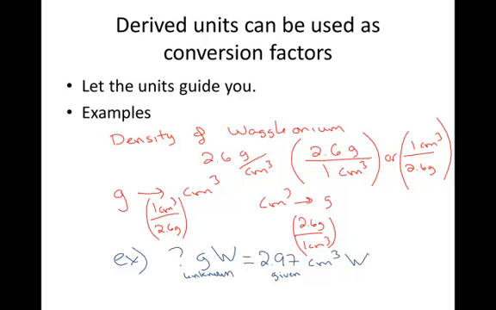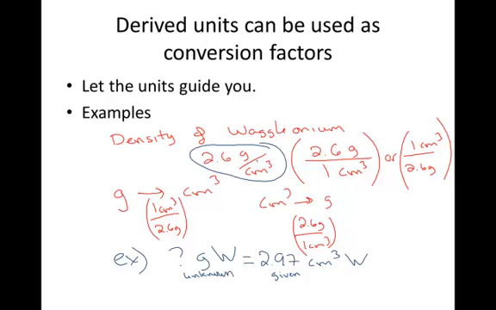Agreed? Class, do you have an equality that relates volume in cubic centimeters to mass in grams of the substance wagolonium? Do you have a relationship between the two? I'll give you a hint. Yes! What is it? Density! That's what that is.